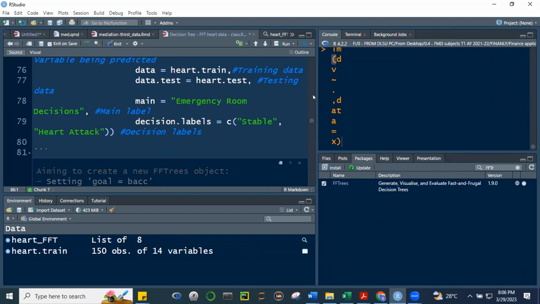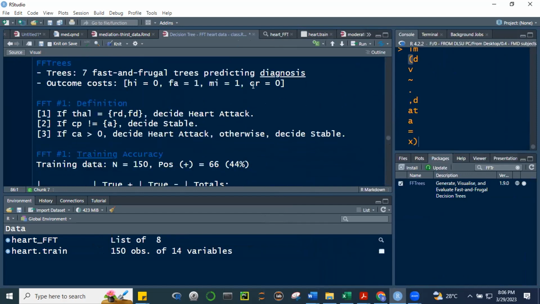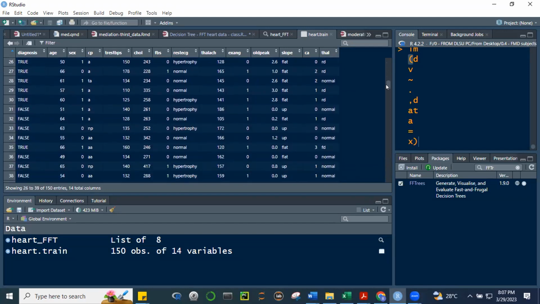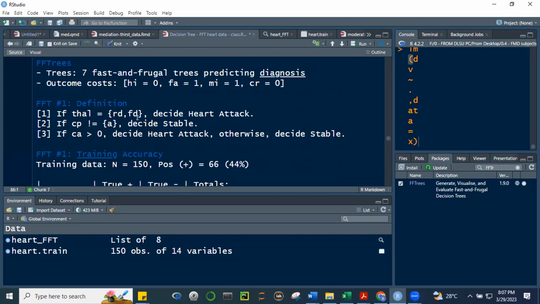Anyway, it's a variable. It says here, if thal is equal to RD and FD, we check the heart rate. So this is thal. It's categorical, a factor, with normal, RD, and FD. To understand this more we'd look at the metadata we saw earlier, but I forgot what thal means. Whatever it means, our model says if thal is RD or FD, decide heart attack.